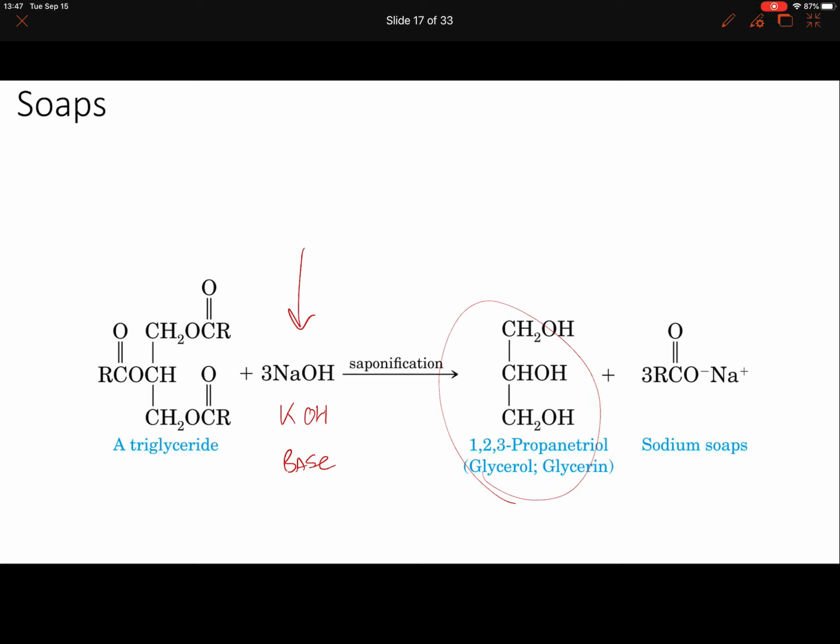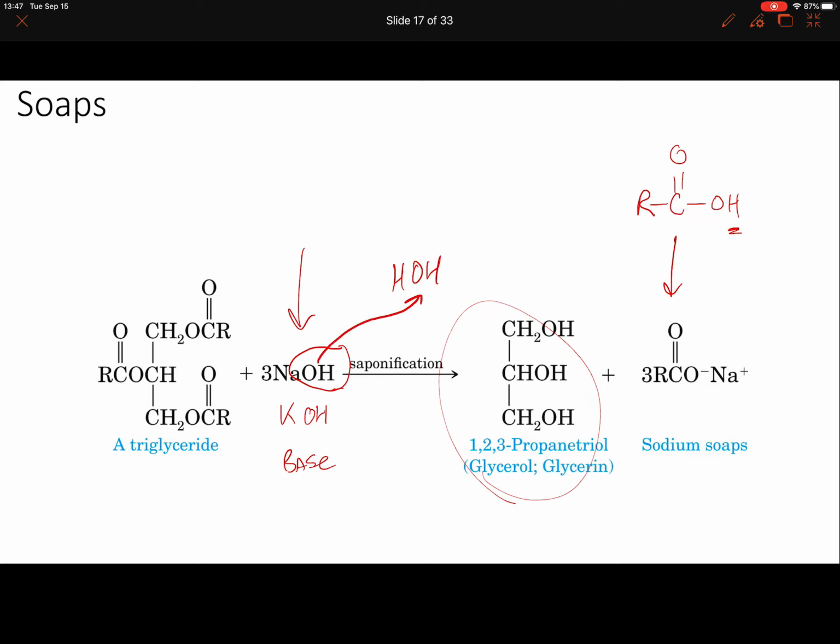So let me show you just how it's different. So let's just say this was the carboxylic acid beforehand, and this is it now. Okay, what's changed? Well, acids have hydrogens that they lose. So this fatty acid reacted with the sodium hydroxide, which is a base, to produce HOH, right?